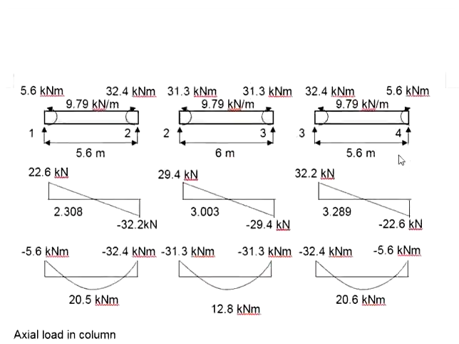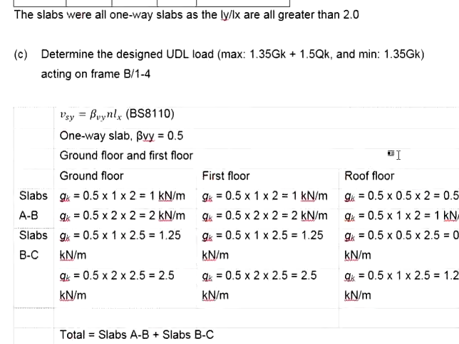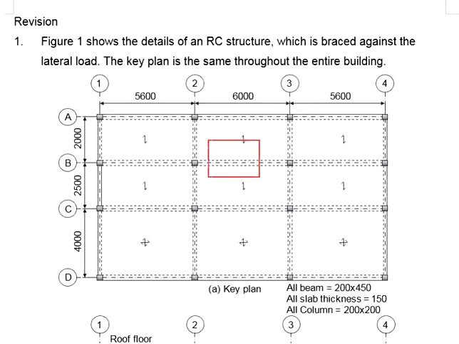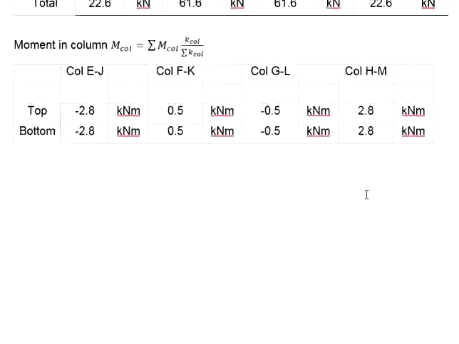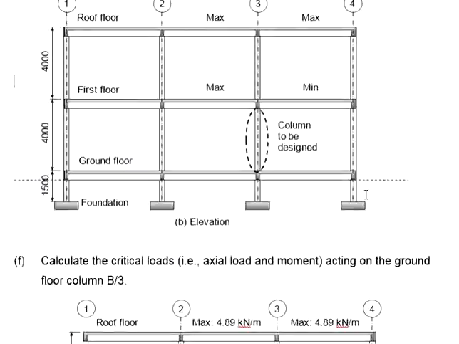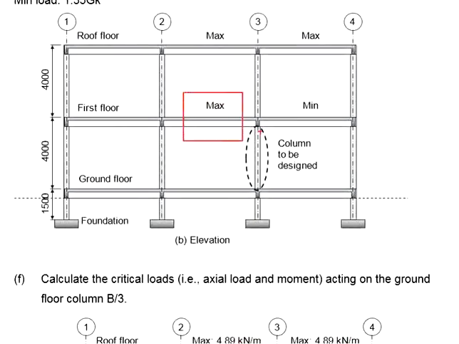This you will have to refer to the key plan. This span is longer than this span. Therefore, you're going to have the maximum load here and the minimum load here. Having this set, you are able to generate the maximum moment at the column here.